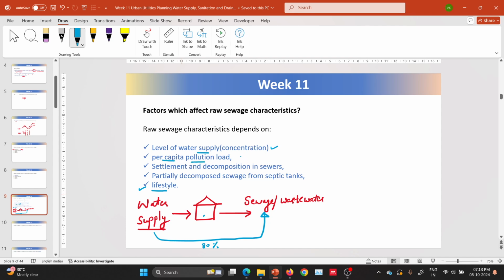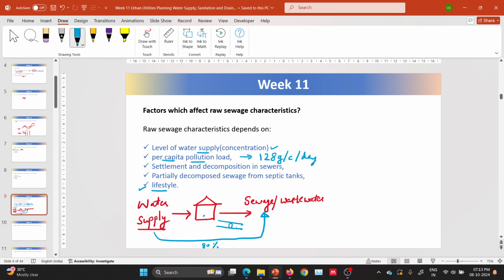How much each person produces is generally taken as 180 gram per capita per day of fecal solids. It also depends on settlement and decomposition in the sewer. From these households, sewers are laid.